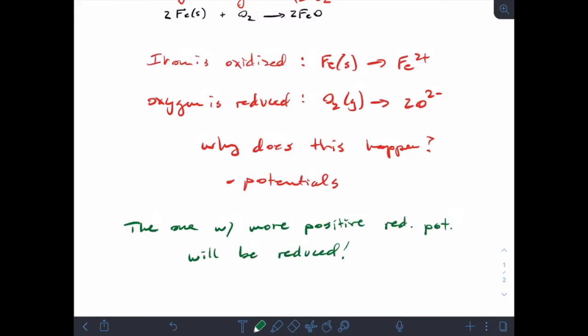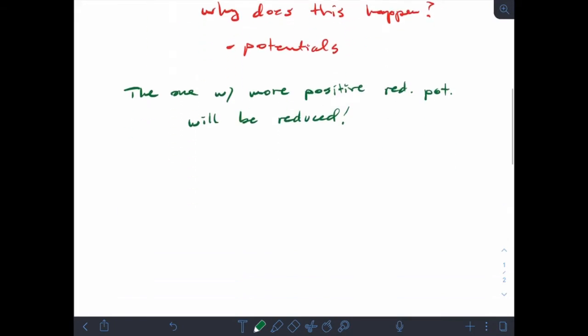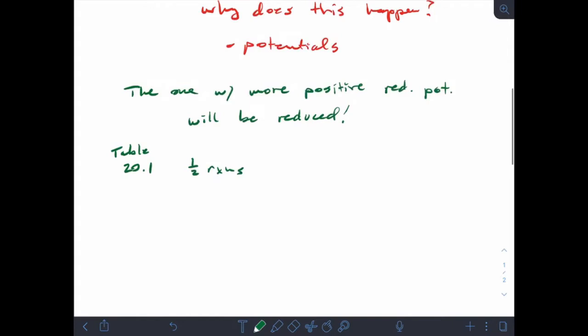So if we go to our table and we take a look at, for example, table 20.1, we're going to find the half reactions for this scenario. And we'll see that one half reaction is the iron 2+ plus 2 electrons goes to iron solid. And the E0 there is plus 0.44 volts.